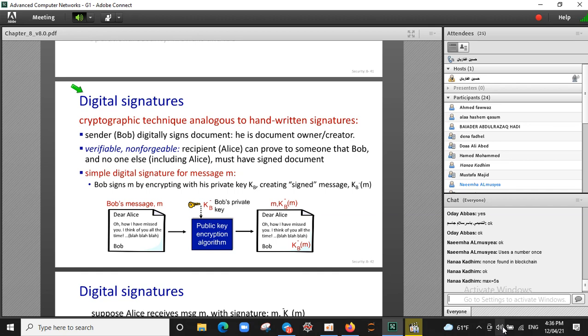How can I prove that this is the real server? I need a mechanism to verify that this is Alice or this is Bob, and that Alice and Bob can never forge her or his identity.